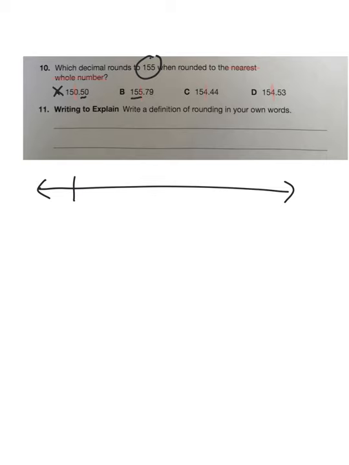All right, so for B, we're choosing between 155 or 156. The midpoint in between these two locations is 155 and 5/10. And I can see here in my tenths place, I have a 7. So 5 or more, go up a floor.